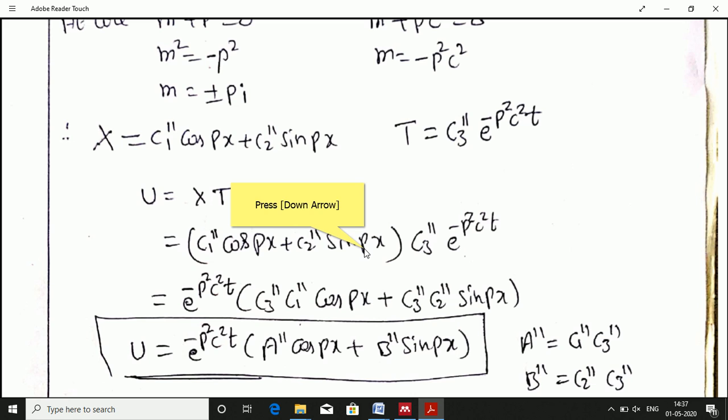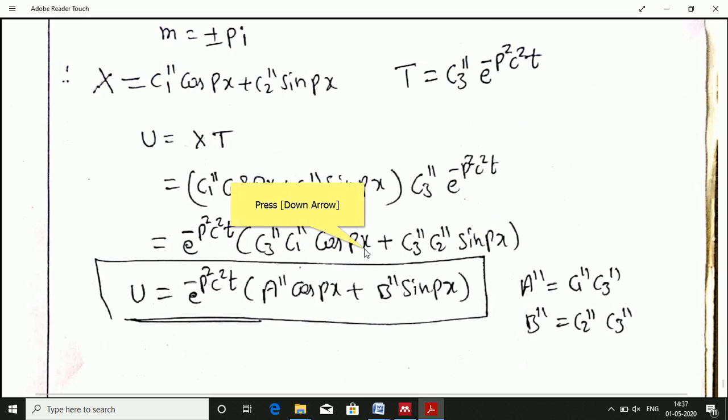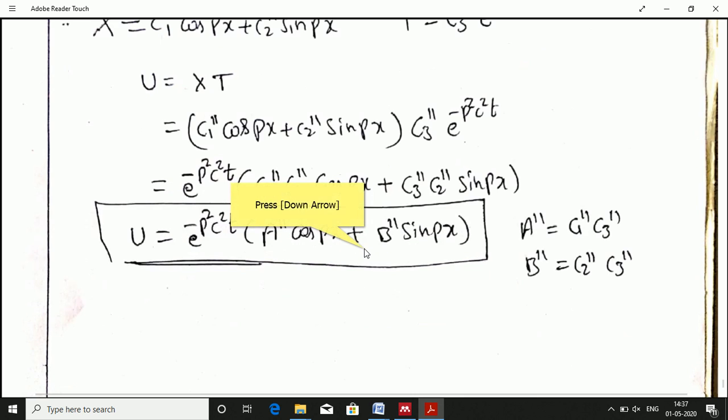So u is equal to e power minus p squared c squared t into (A double dash cos px plus B double dash sin px) is the solution when k is negative.